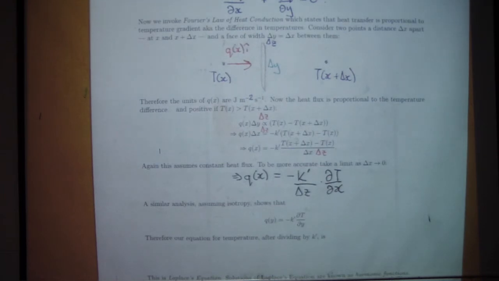A similar analysis, assuming isotropy. What isotropy means is that the heat transfer in the Y direction is the same, in particular this K is the same. The delta Z will be hanging around again.